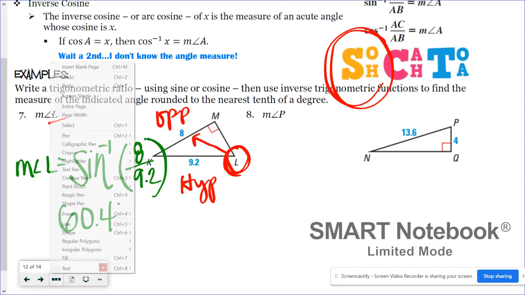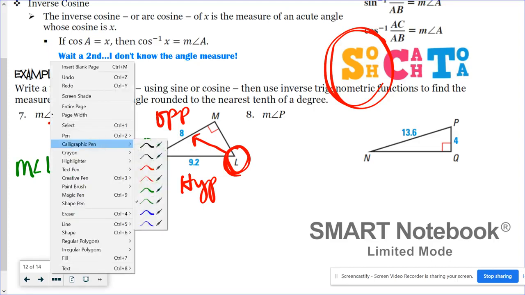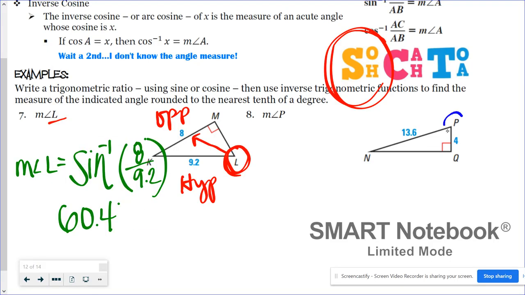Taking a look at problem number 8, we want to find angle P. What do we know? We know the adjacent side is 4 and the hypotenuse is 13.6. We want to know angle P. Which trig function works? Hypotenuse, adjacent. That would be cosine.